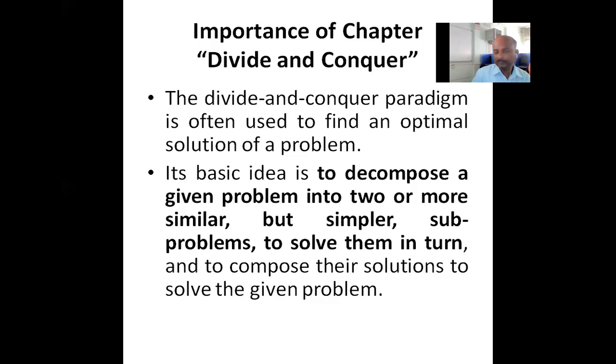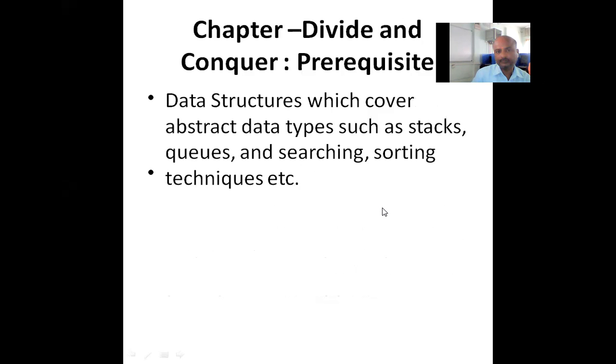Here in the chapter, in quick sort, selection sort, and merge sort, we are going to see the same method. And what is the prerequisite for the chapter? Data structures, which cover abstract data types such as stacks, queues, and searching and sorting techniques. These are the prerequisites for the chapter.